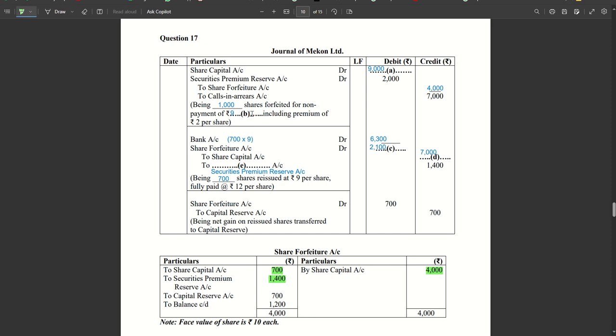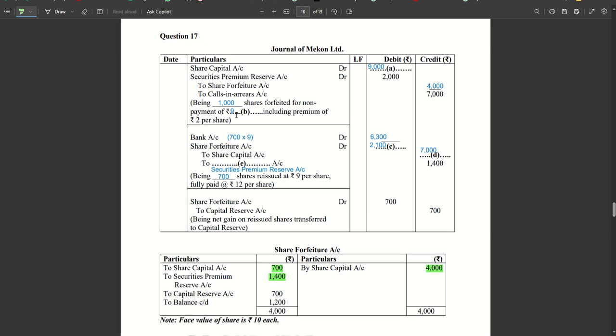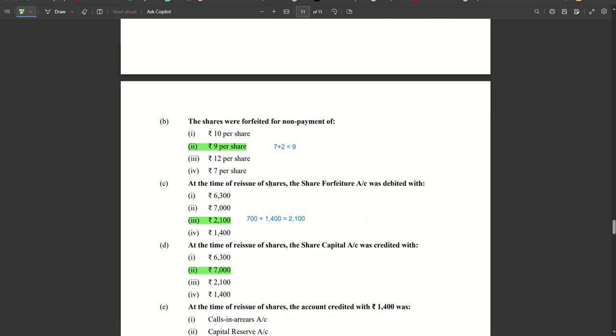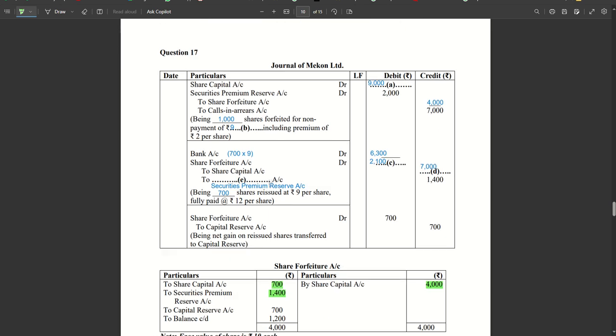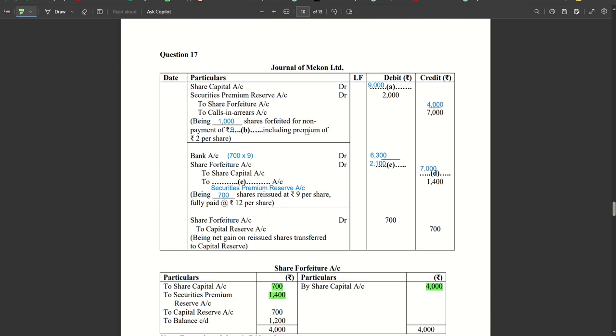So the question is asking, including premium, how much was not received? The answer is 9 rupees. Now again one question will come to your mind, how do we know premium is not received? You should be aware that during forfeiture, we can only debit securities premium reserve account if it is not received. So here 2,000 is debited, which means this 2,000 rupees has not been received against premium.